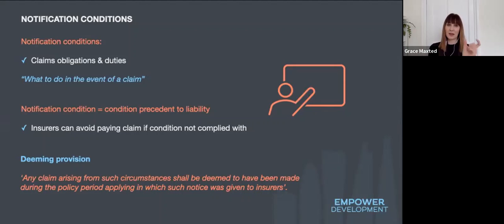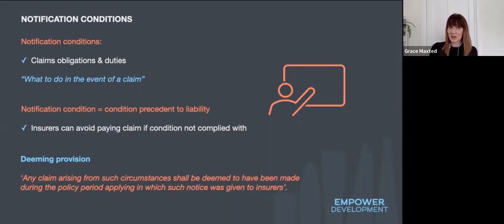Within the contract, a notification condition is normally what we call a condition precedent to liability, which means that if that notification is not met, the insurers can avoid paying a claim for that particular part, but the policy continues as normal, but they can avoid that particular claim. So it's really important that those notification procedures are followed by the insured.